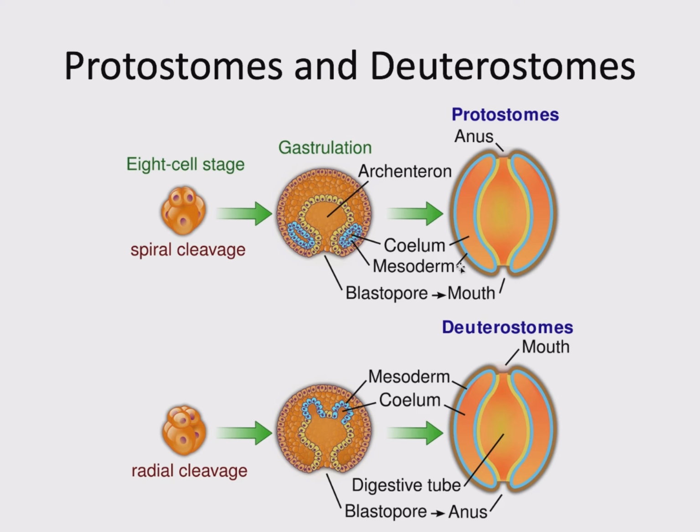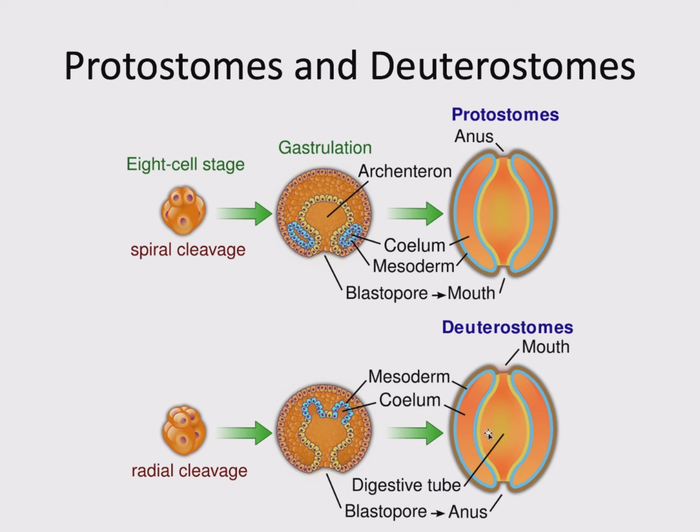So protostomes: mouth first, then the anus. Deuterostomes are the exact opposite, and there are some other differences in their 8-cell stage, but I'm going to focus on this. Deuterostomes, this initial indentation in the blastopore becomes the anus and eventually extends to form the mouth. So protostomes are mouth first, deuterostomes are anus first.